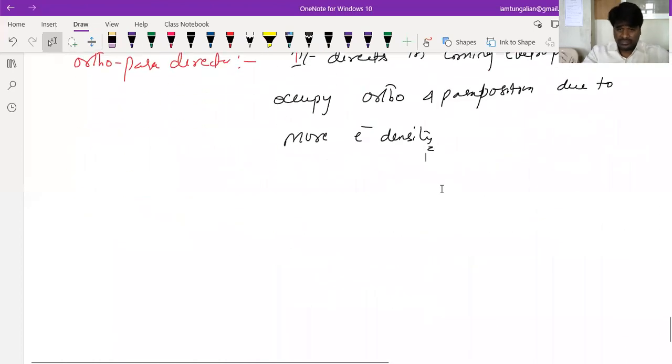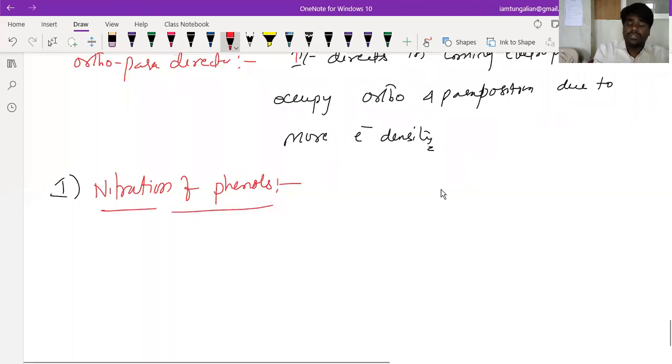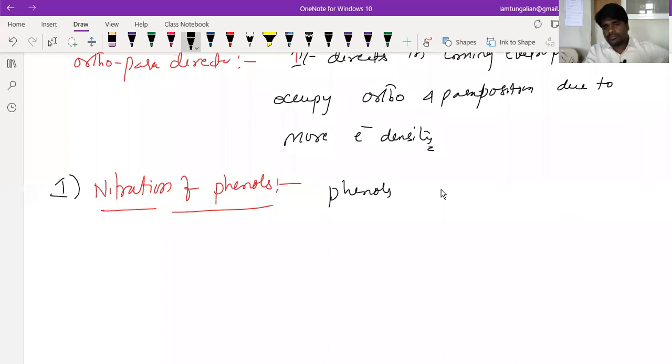So first, let me tell you about the first type of reaction. What is the first type of reaction? Nitration. We call it nitration of phenols.